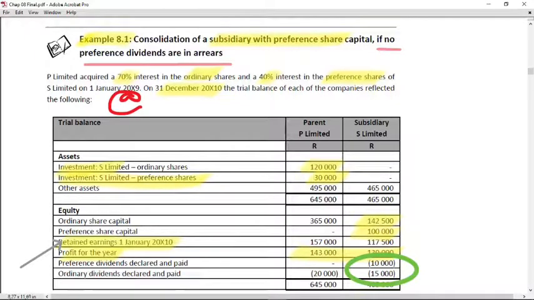We have a preference dividend declared and paid of 10,000 and an ordinary dividend declared and paid of 15,000 Rand. So in Chapter 8, you suddenly also have a preference dividend. Important to know that it's declared and paid, as it has a direct influence on your consolidation journal entries.